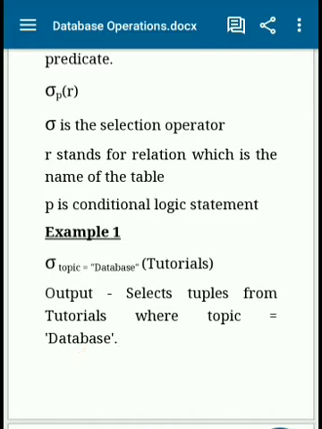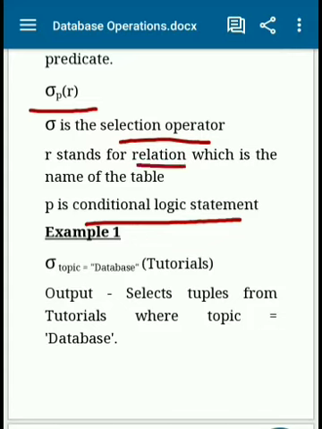So again I am explaining how to write a selection operation. This is the format. Here sigma is the selection operator, P is the conditional logic, meaning the condition through which a record can be extracted, and R is the relation. Relation means the table from which we extract the record.